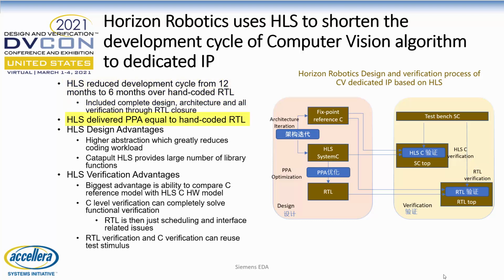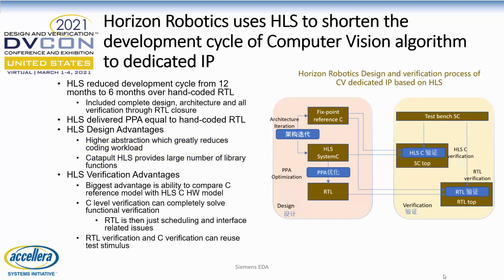They were able to demonstrate that high-level synthesis delivered power, performance, and area equal to a hand-coded RTL design flow, and they found that there were advantages by being able to work at a higher level of abstraction, which reduces the amount of code that needed to be written, as well as they were able to take advantage of some of the HLS C++ IP available.